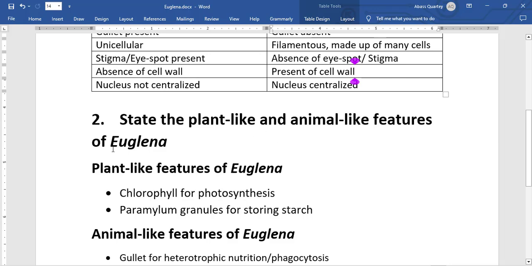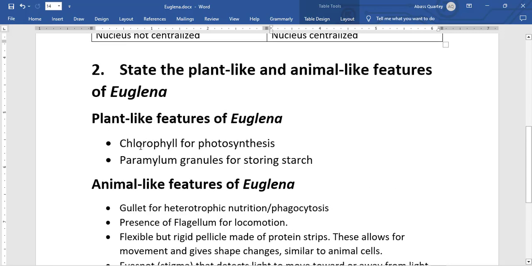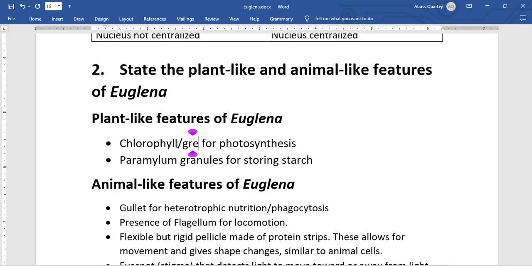So the plant-like features of Euglena: you have chlorophyll for photosynthesis, or sometimes for practical settings, you can say green. It is green for photosynthesis. For practicals, you are dealing with the specimen itself, in as much as you cannot feel the chlorophyll or even the chloroplast.